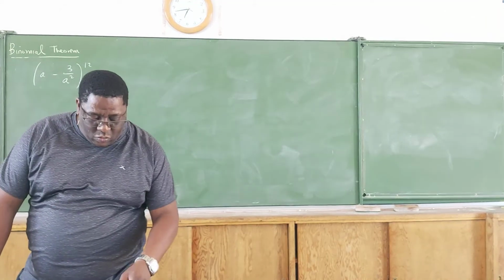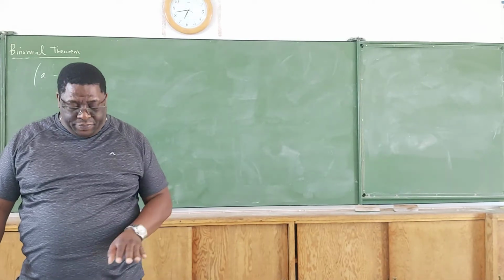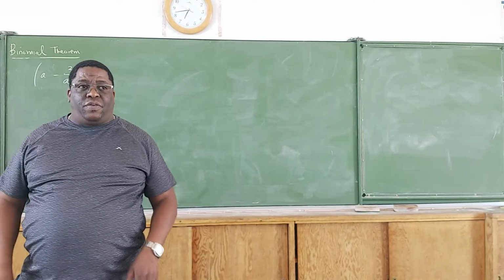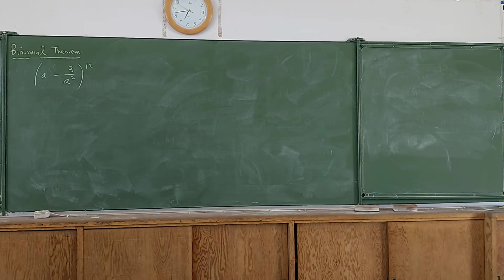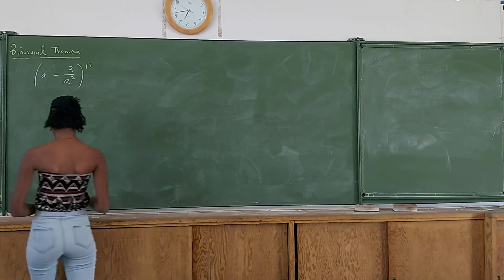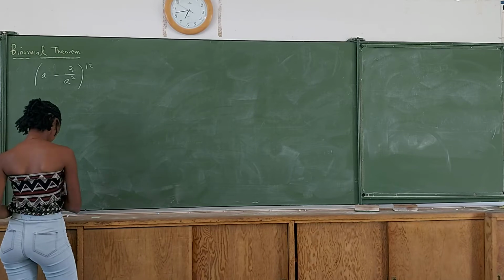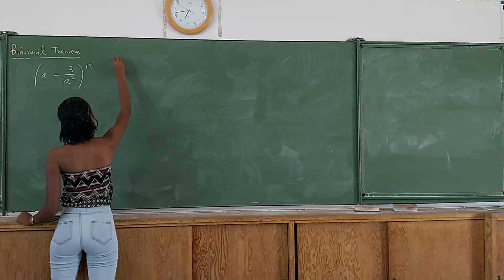Okay. So you need to find the fourth term. I think this one is straightforward. You can find the fourth term. Then the term which is independent of A will involve the stuff that we did. So first we find the fourth term. When you find the fourth term, nC what? nCr is what? 3, because r is 1 less.